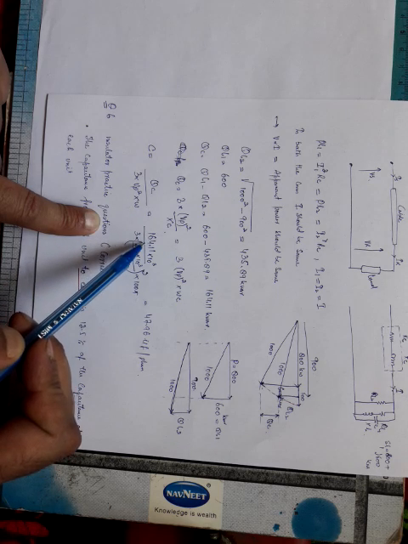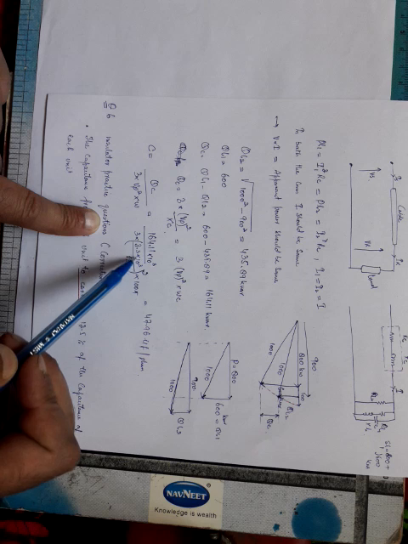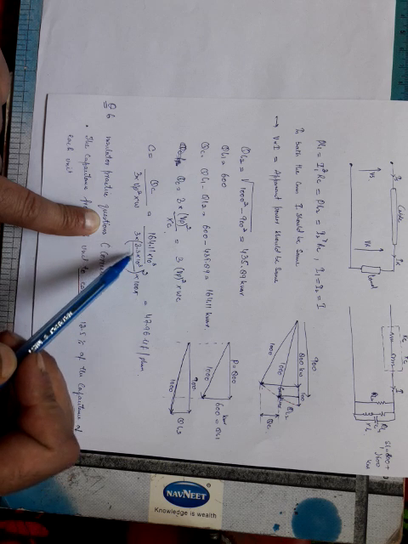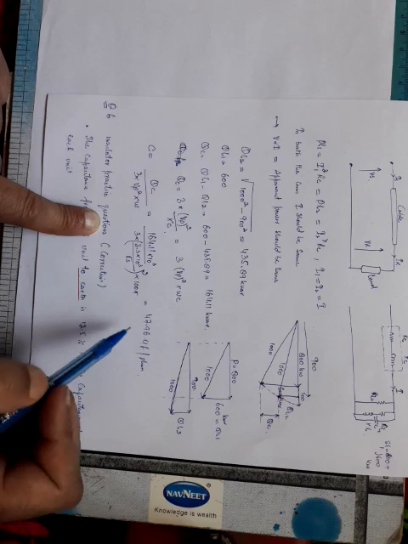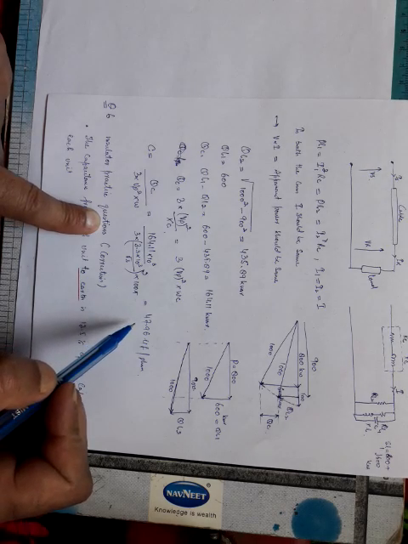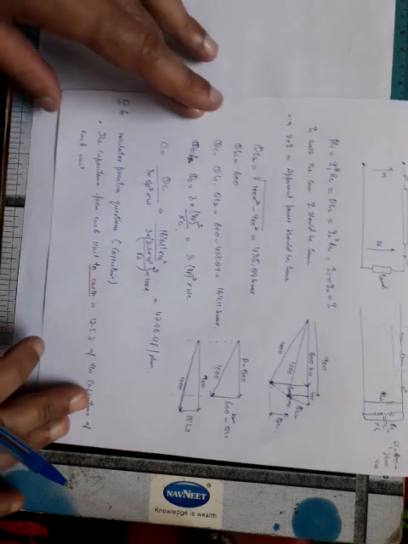So it comes out to be 164.11 into 10 raised to power 3 divided by 3 into 3.3 into 10 raised to power 3 divided by root 3, the phase voltage whole square, into 100 pi. It comes out to be 47.96 microfarad per phase. I hope you understood this.